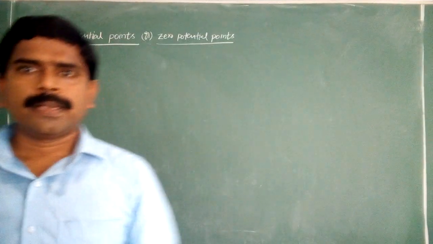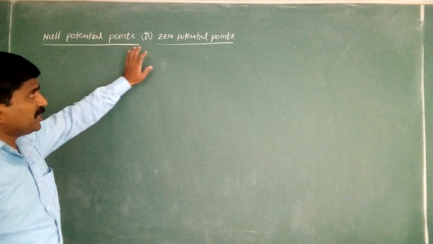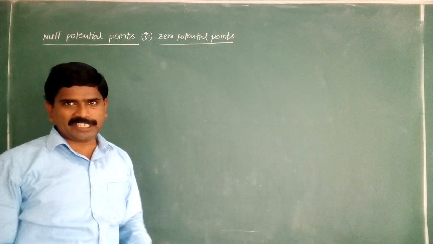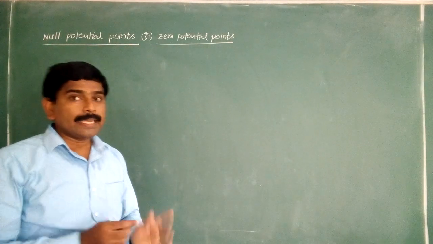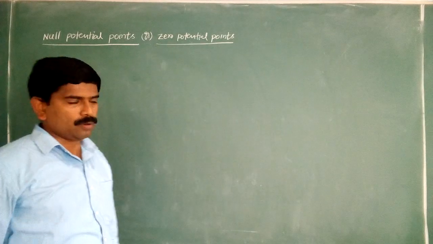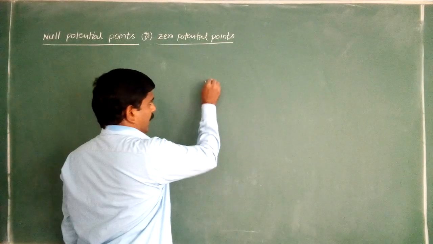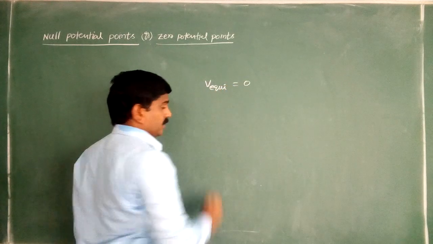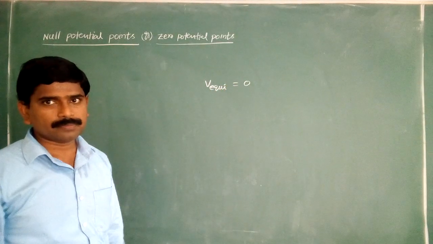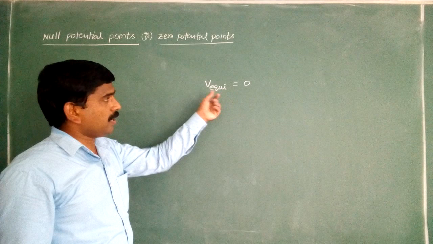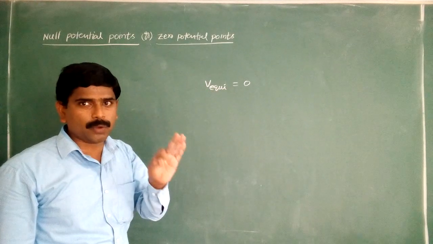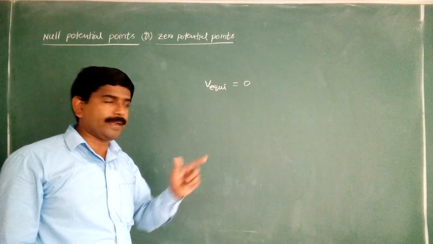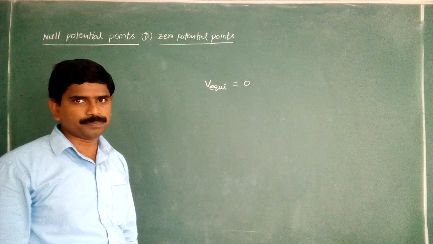Next one, null potential point or zero potential points. In case of the electric dipole, we find that the electric potential at a point on the equatorial line is equal to 0. Electric potential at a point on the equatorial line due to the electric dipole is equal to 0.